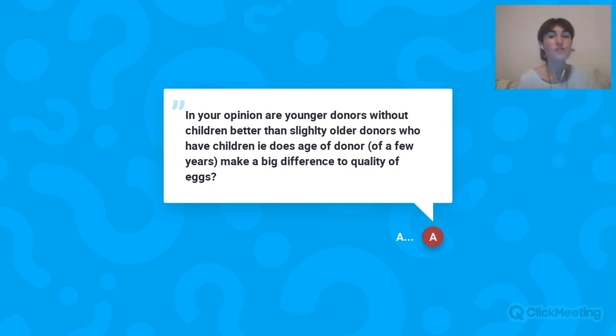So it's also something intrinsic for every person. These are little things that we can look at, and they will give us a hint. But it also really depends on the particular donor, her ovarian reserve, her AMH, her hormones, and so on.